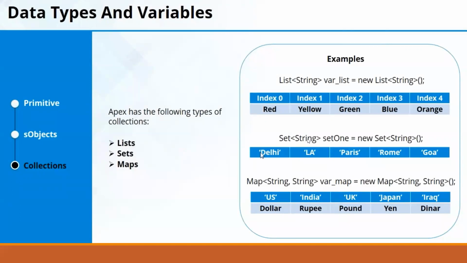In the set, what is happening: Set of String, some object name equal to new Set of String. This will tell us about all the values which we are putting.